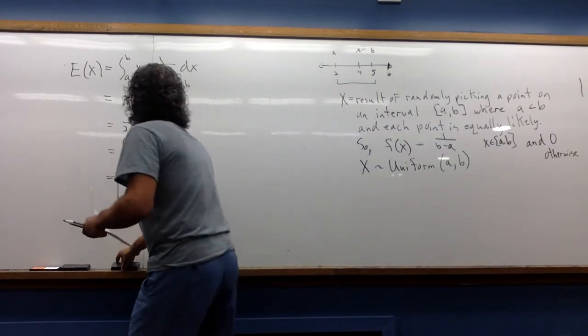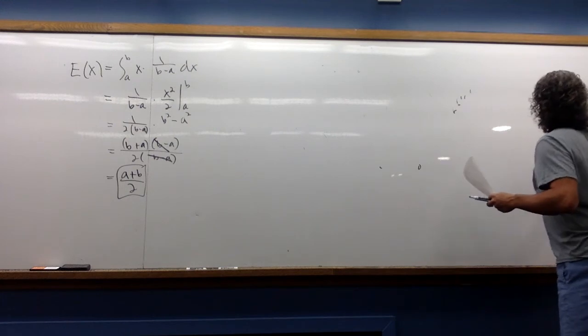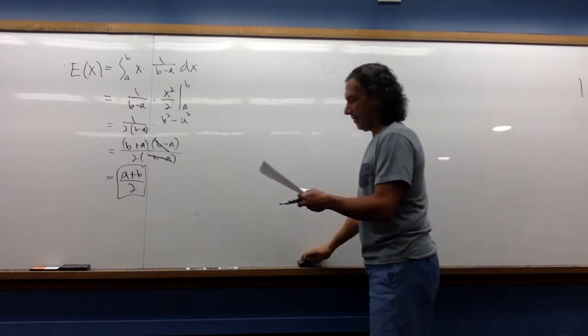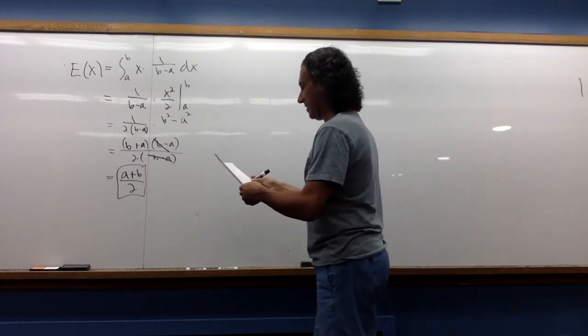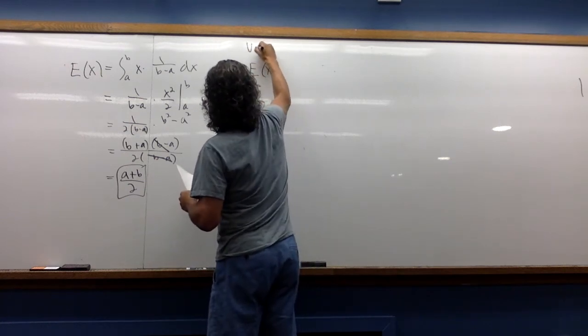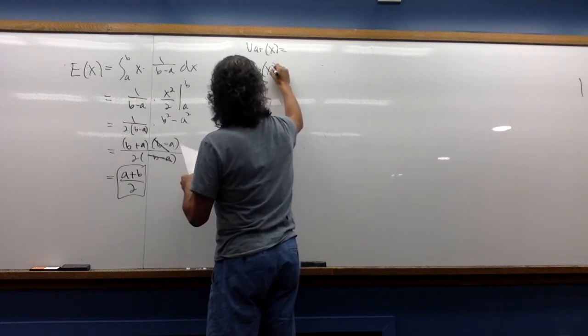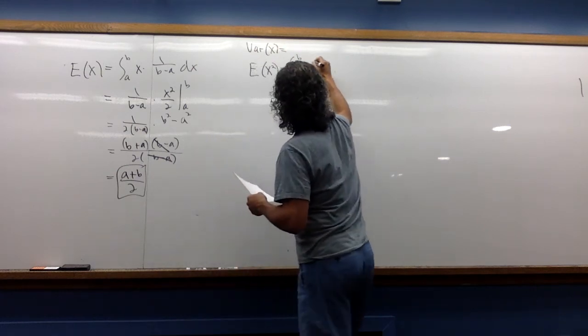Right, the variance I'm going to leave as an exercise for you guys, but let me just write out some of the details. So we want the variance of x. So let's compute the expected value of x squared.